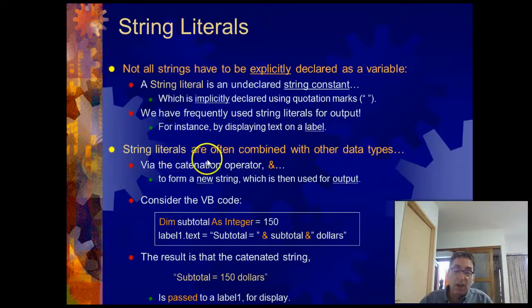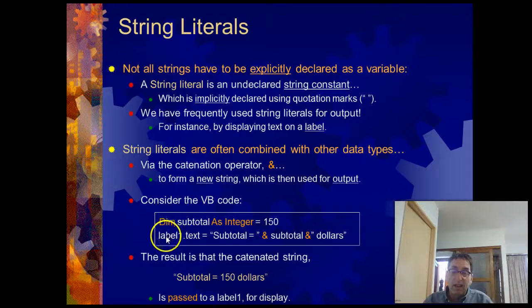String literals are often combined with other data types via the concatenation operator to form a new string, which is then used for output. Consider the VB code like this. Here we have Subtotal, which is declared to be an integer, and it's initialized to 150.